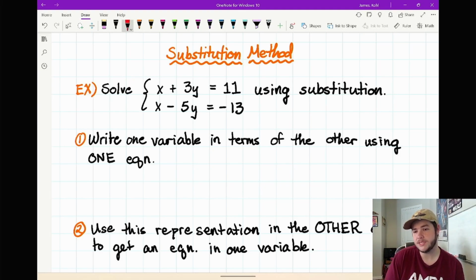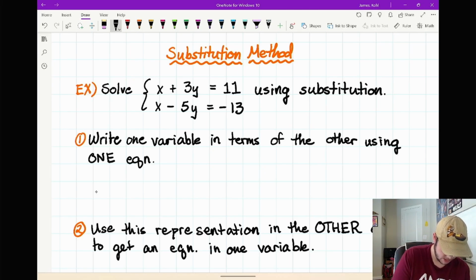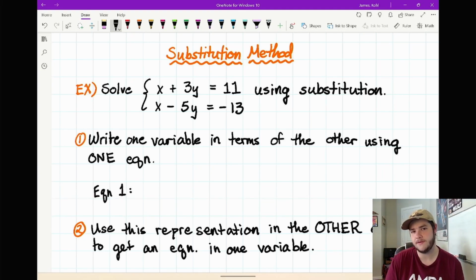Well, the first step in the substitution method is to write one variable in terms of the other using one of the equations. It doesn't matter which equation, just pick one. So for the purposes of this problem, I'm going to just pick the first equation. For equation 1, notice it'll be a little bit easier to solve for x than for y because x doesn't have a coefficient.